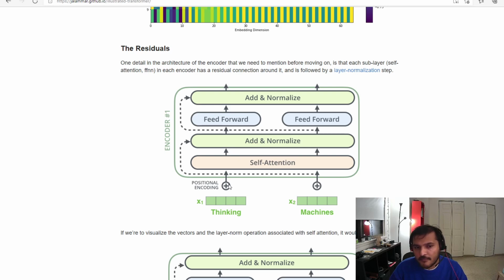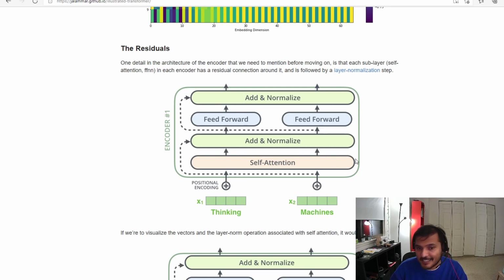After this, whatever input comes in also gets routed through. So there's a skip connection where it gets added and normalized. And then I pass it again through a feed forward network where I again add and normalize, and get my output out. So that's one whole encoder block.